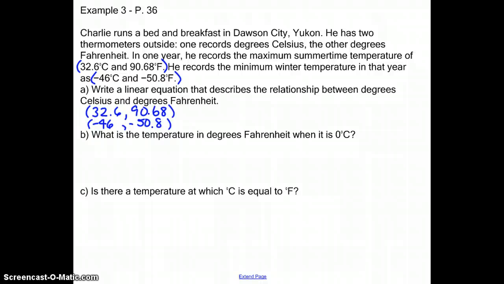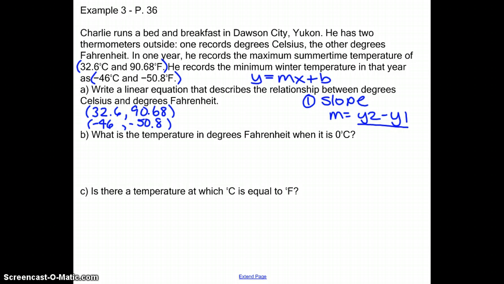Now we want to figure out the linear equation, which is Y equals mx plus b. So the first thing we need to do here is find our slope. Now you might be a little short on room, so you might need to do this on the side here at the bottom. But to find the slope, again, we have our formula, m equals y2 minus y1 over x2 minus x1. Let's say that this is y2 x2 and y1 x1.